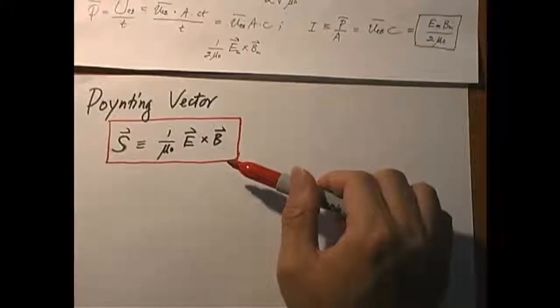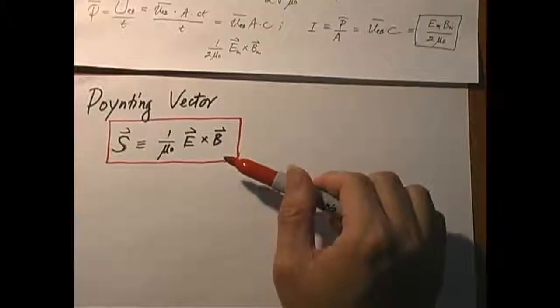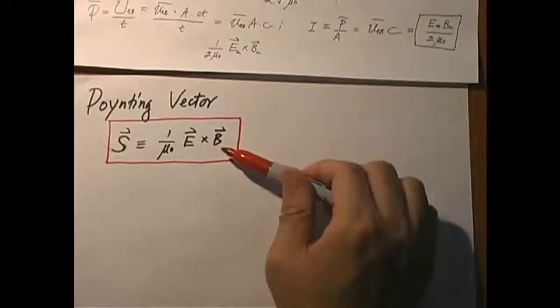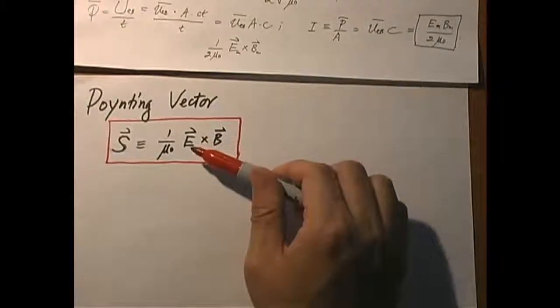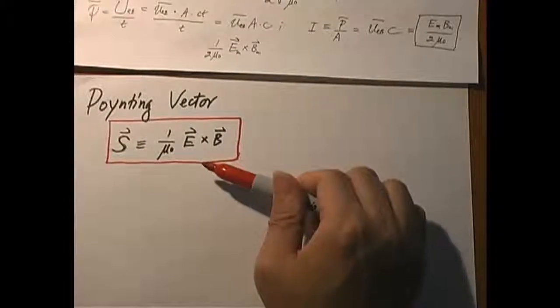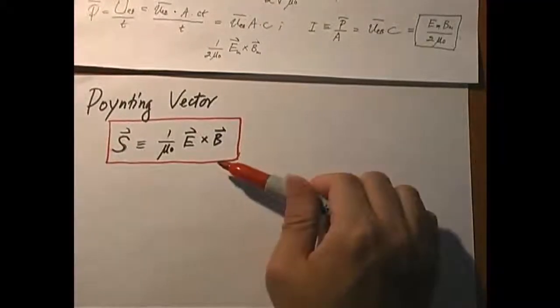This energy flow, the Poynting vector, is not only valid for the case of electromagnetic waves. In fact, it is valid for any crossed E and B fields. There is always an energy flow associated with an electromagnetic field. If both fields are present, E cross B, we can use the Poynting vector to figure out the rate of energy flow. So once again, what is the meaning of the Poynting vector?